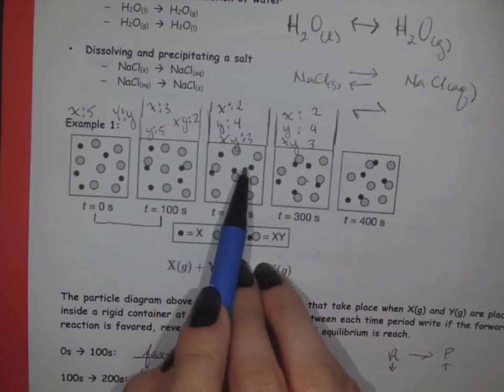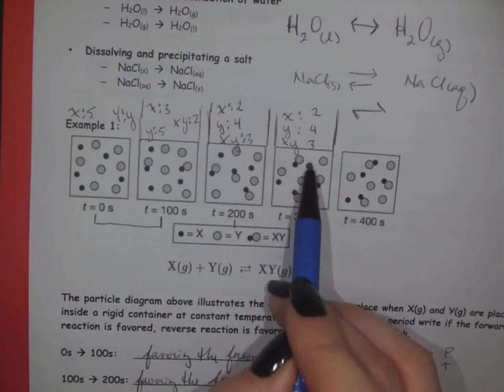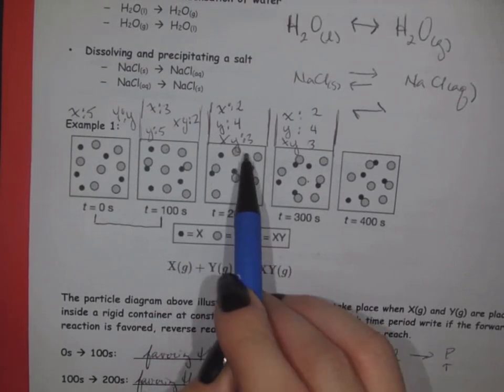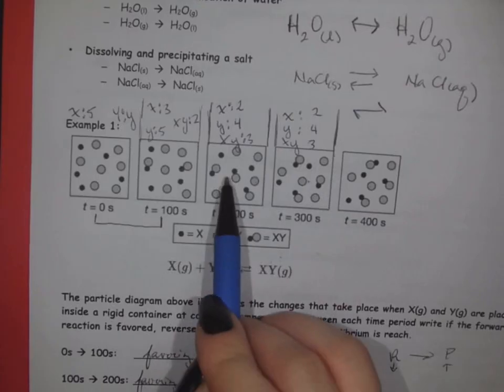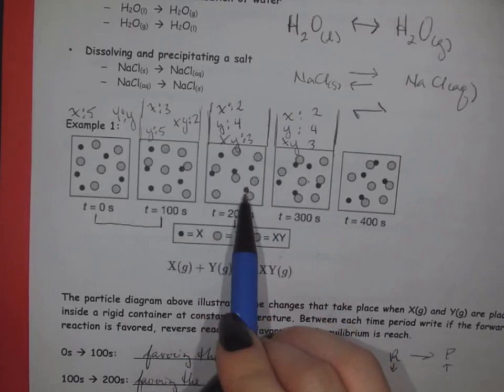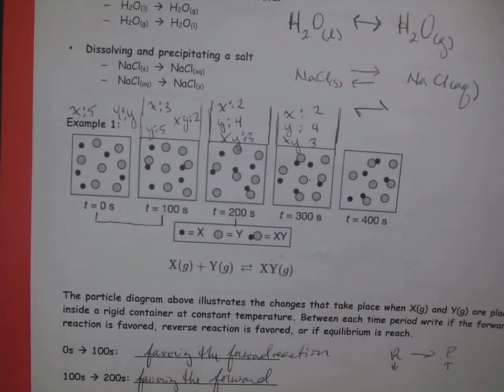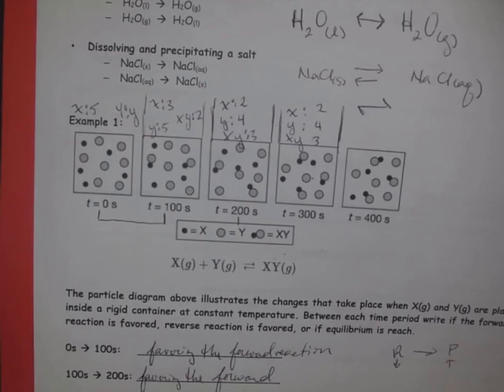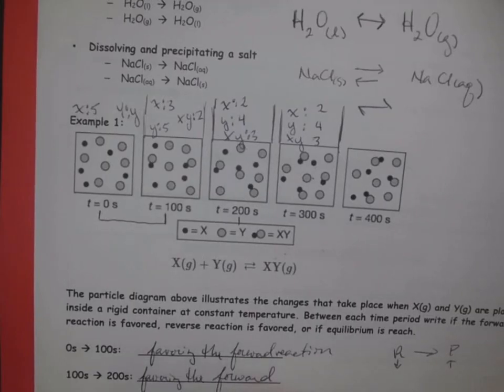We had 2 X items and we also had 2 X items, and then we had 4 of the Y's and 4 of the Y's, and then 3 of the products and 3 of the products. That is only the case when equilibrium is reached. So from 200 seconds to 300 seconds, we've reached dynamic equilibrium.